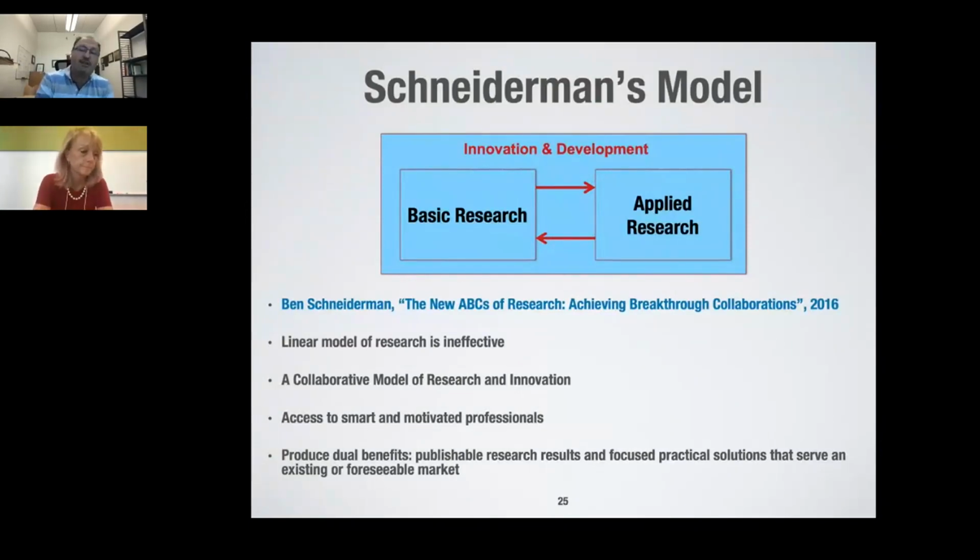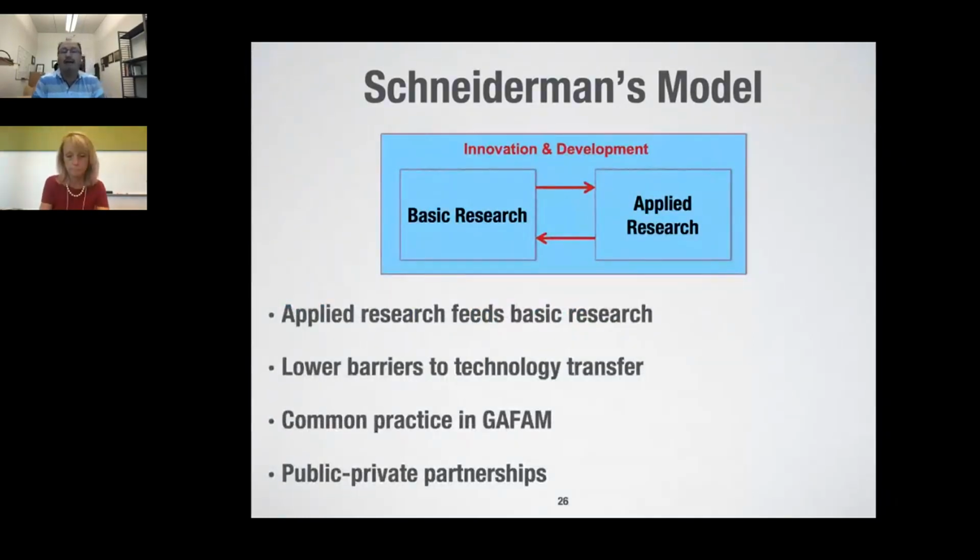And the expectation is that such a model provides dual benefits in the form of publishable research results, but also a focused practical solution that serves an existing or foreseeable market. And in software engineering, we can, and there are many other details, of course, regarding that model.